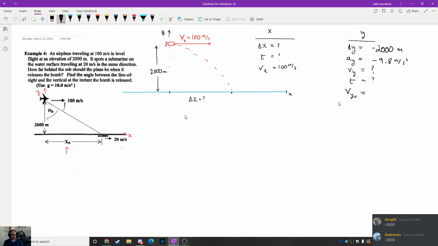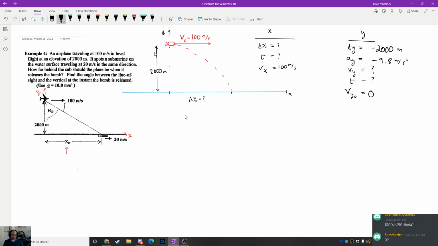What's the initial velocity in the y direction going to be of our bomb here? Yeah, it's 0. That's right.